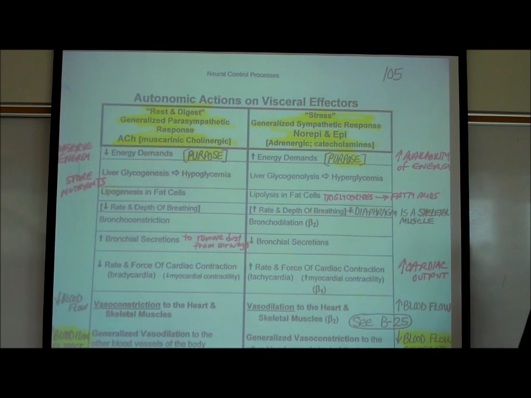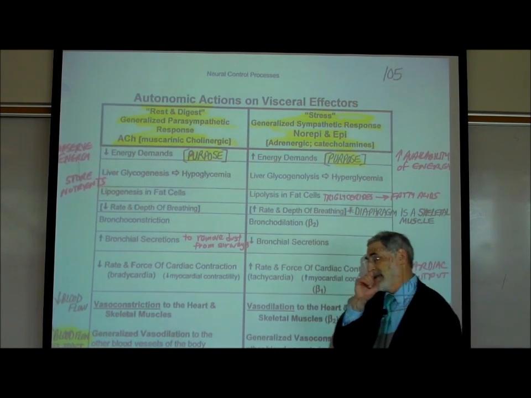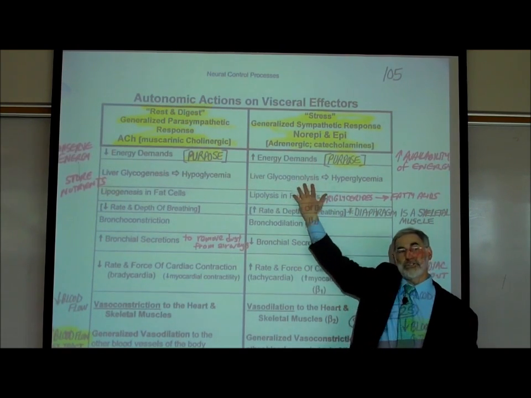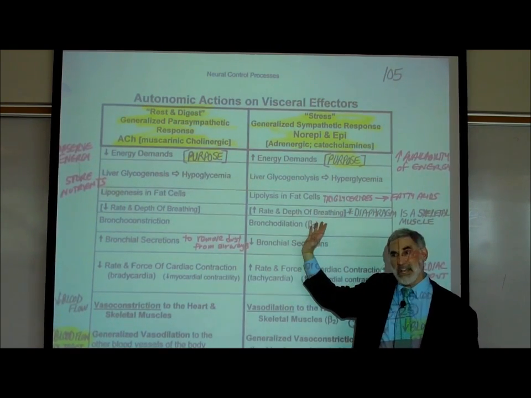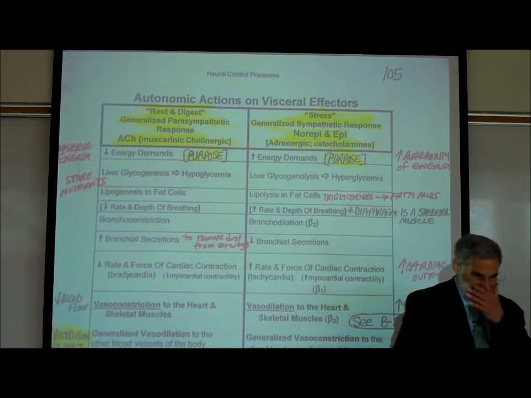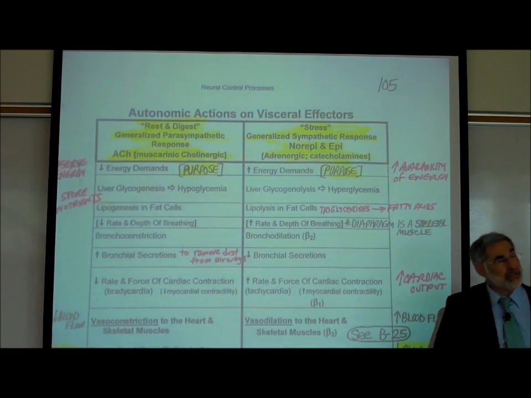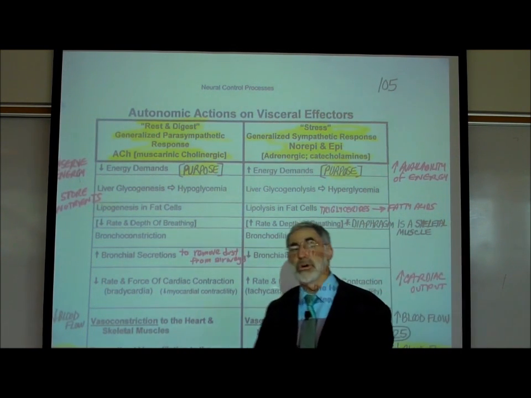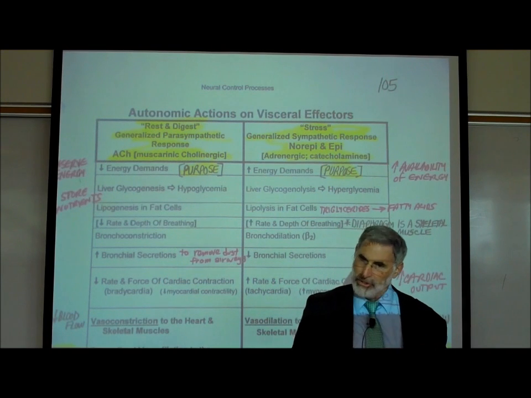This was our chart, a possible essay question, that compares and contrasts what happens to your body in the stress state versus what happens to your body in the rest and digest state, page 105. And this is really important to know for a lot of reasons. It's important to know what's going on inside of a body when they're stressed.